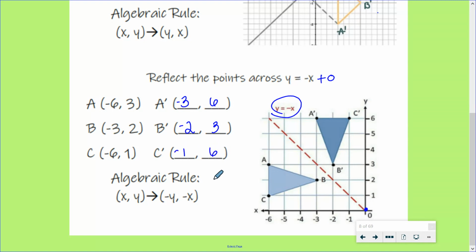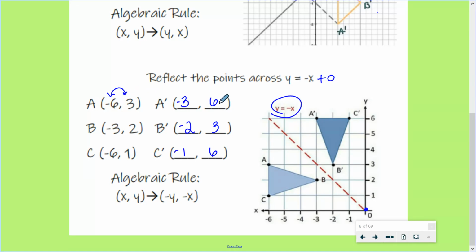So let's look at what happened. Well, the rule tells us that we're going to switch our x and y coordinates just like we did when it was y equals x, but then we make them opposite. So let's see if that happened here. So the 3 will go in the x spot, and the negative 6 goes in the y spot, and then they become opposites. So if it was positive, it becomes negative.